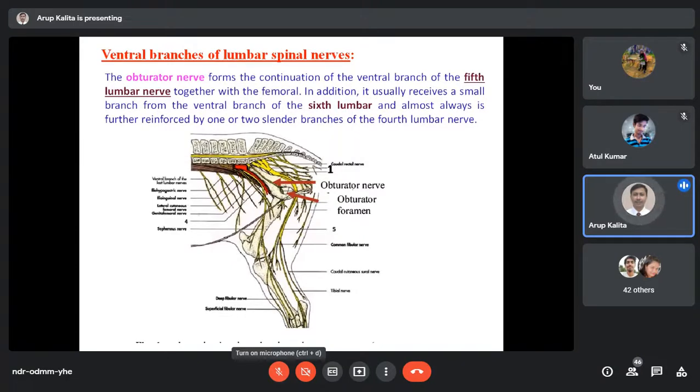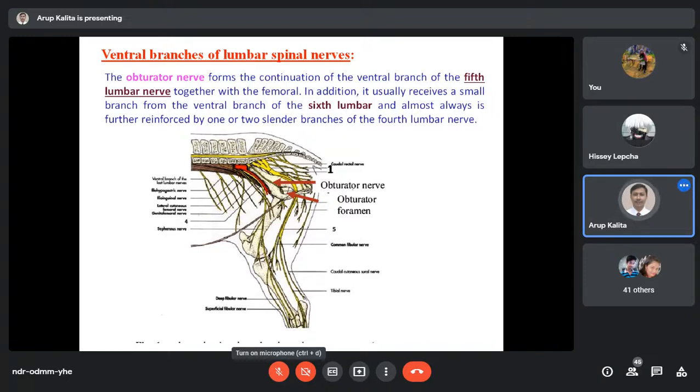What are the nerves? Can you remember? Three nerves arise from the lumbar plexus. Can you remember or not? Nobody is producing any sound. No, sir. You cannot remember.